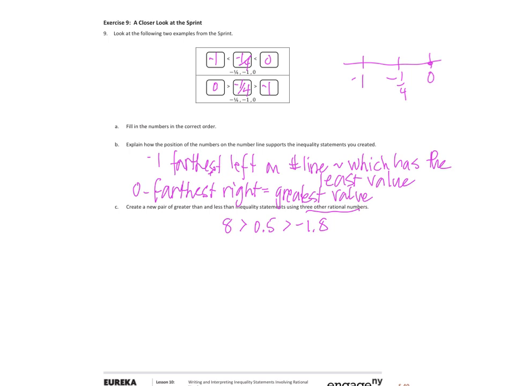Now I can reverse that. -1 and 8/10 is less than 5/10, which is half, which is less than 8. I always have to say them, and sometimes I have to draw them out.